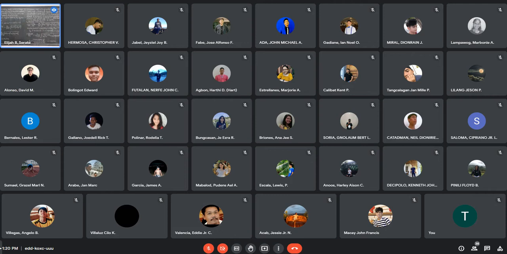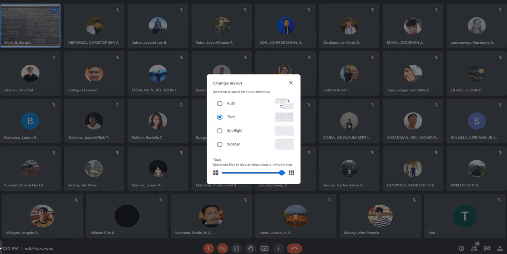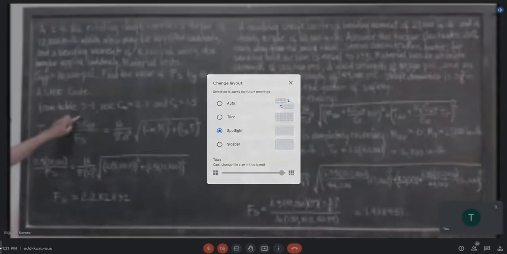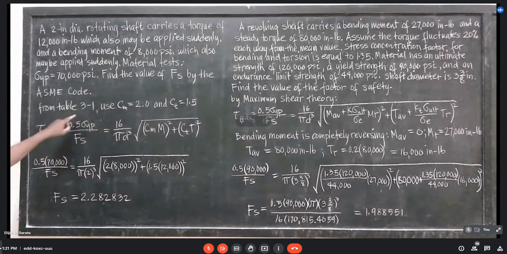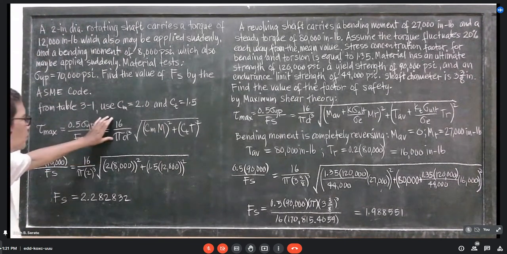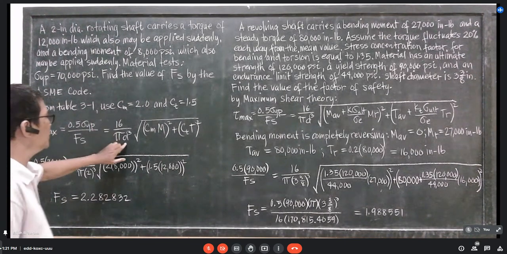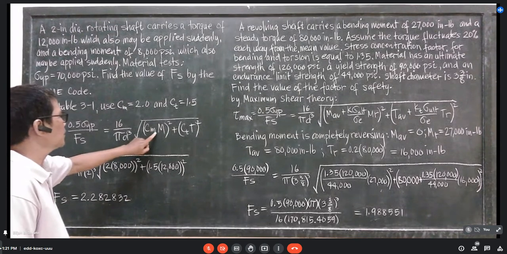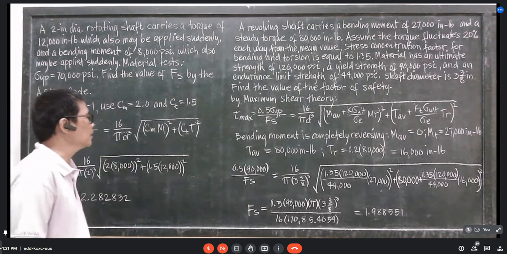Okay, so if you will recall, the formula of the ASME code is the working stress, which is 0.5 the yield point in tension, or the yield point in shear, over factor of safety, equals 16 over pi d cubed, and then your constants Cm and Ct.